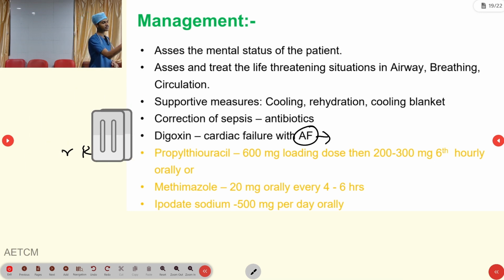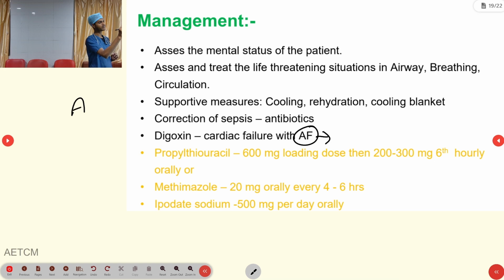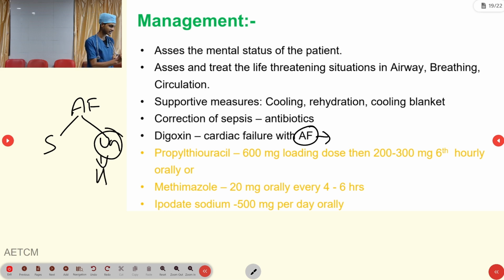Then how are we going to manage atrial fibrillation patients? After diagnosing, you have to categorize the people into two categories: first, stable case; second, unstable case. If the person has hypotension, or acute altered mental status, or heart failure-related signs, or any ischemia or hypoxia-related signs, those indicate an unstable case.